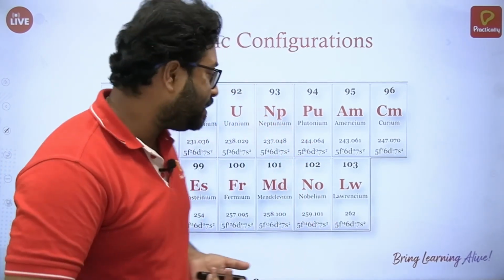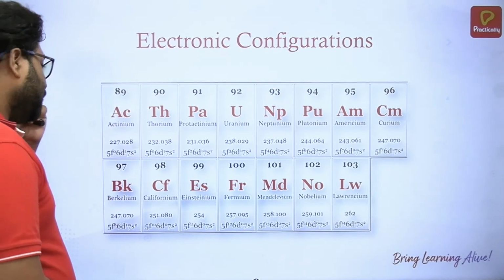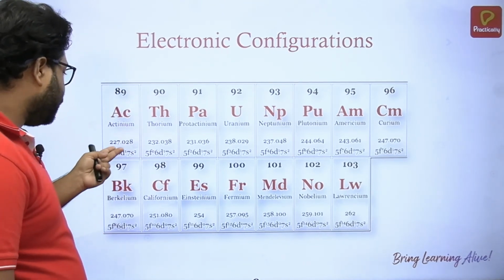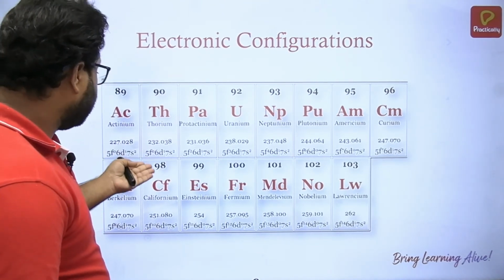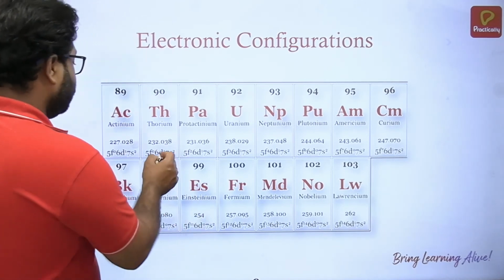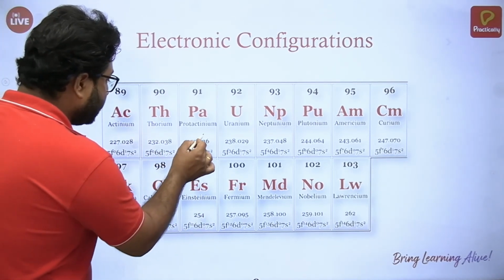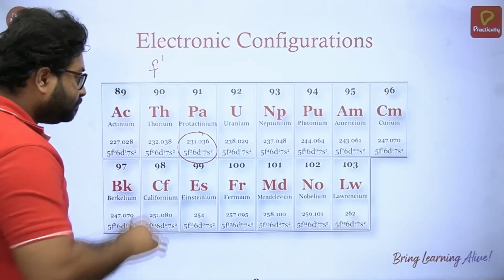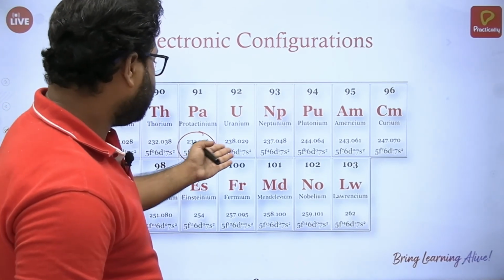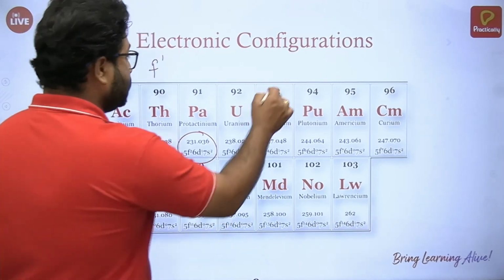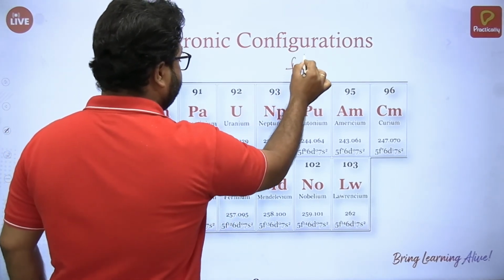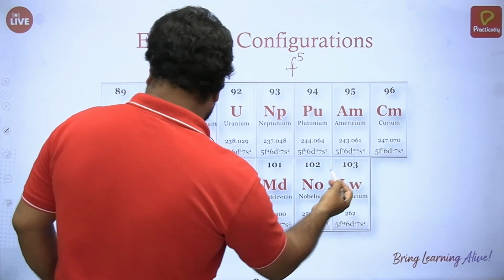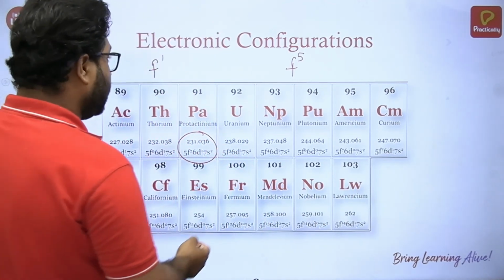But still, if you want to see, you can see the electronic configuration: 61, 60, 50, 52. See, instead of 51 coming, directly 52 has come. So F1 is not there. F5 is also not there.